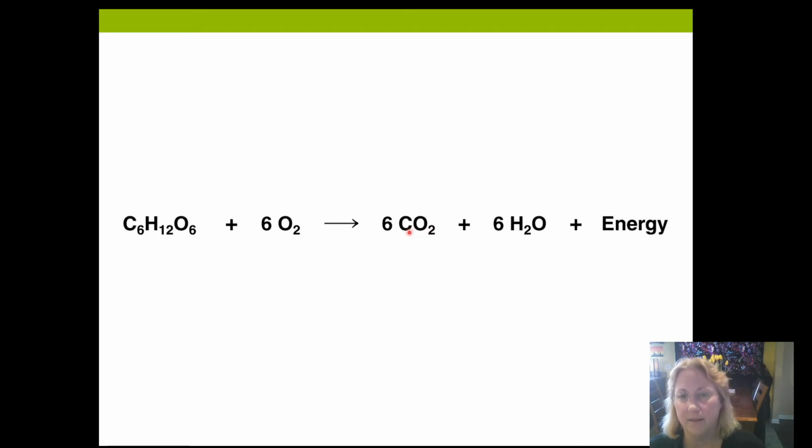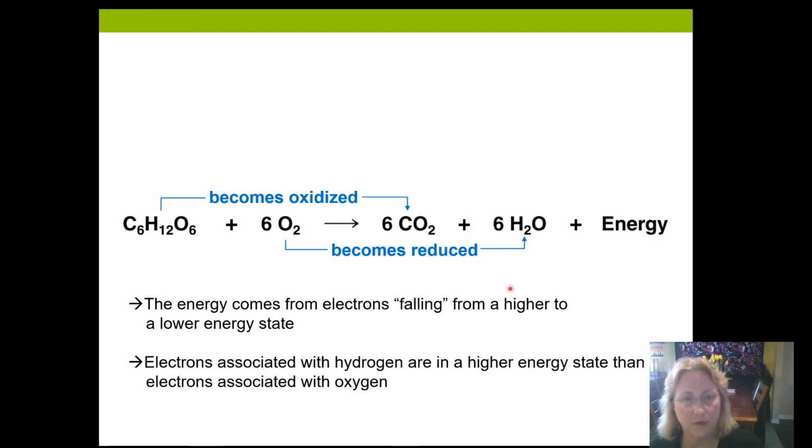And that means that's where this energy comes from. It's from these electrons going from a high energy state down to a low energy state. That's where the energy comes from. So things becoming oxidized, generally they are reducing in energy. Electrons that become associated with oxygen, both in carbon dioxide and water, are in the lowest energy state possible.